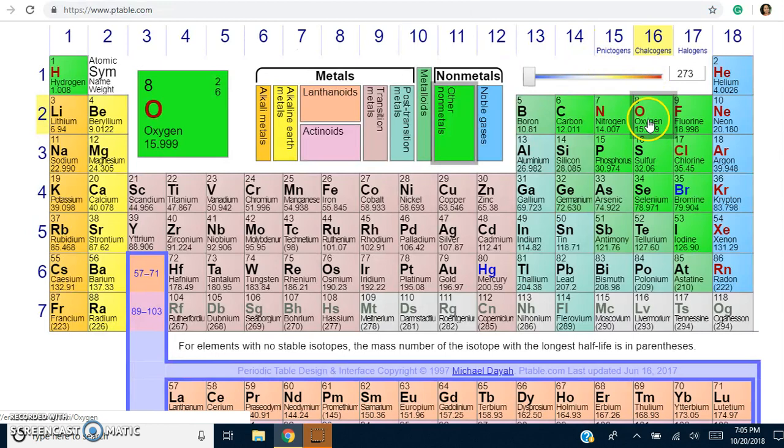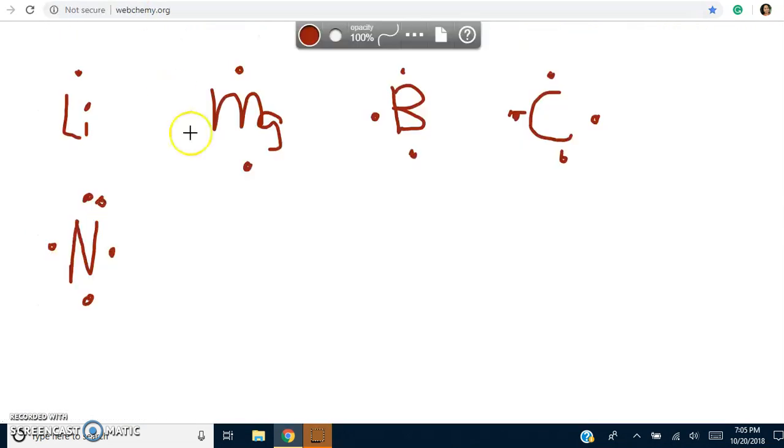Another one we would do is oxygen. Oxygen is in group 6A, so it should have 6 valence electrons. So 1, 2, 3, 4, 5, and 6.